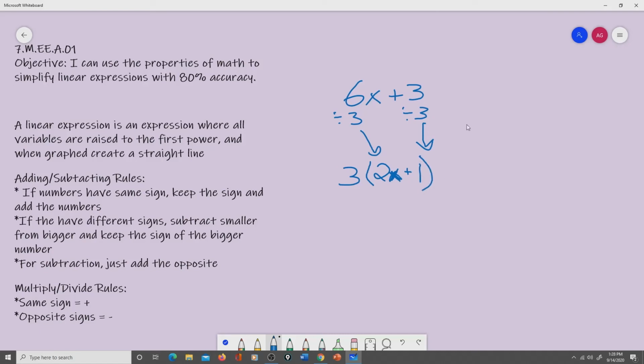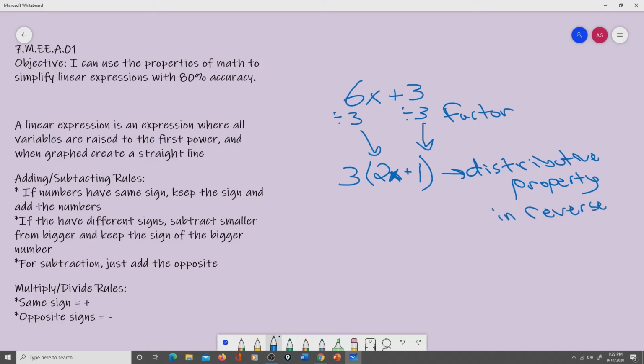So in this case, we've factored out the 3, and we're left with 2x plus 1. So now what we're left with is the distributive property, but in reverse. And all that really is, is just factoring. All we've done is factor out a common term.